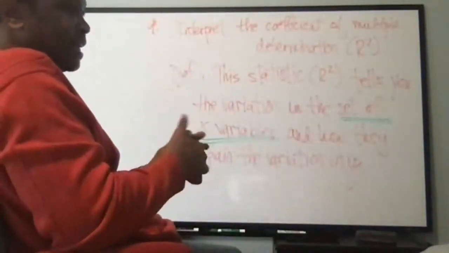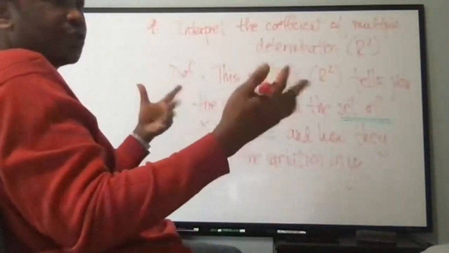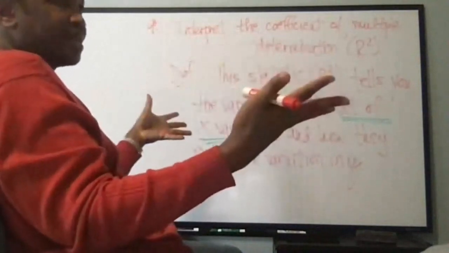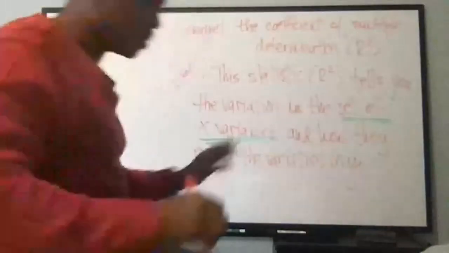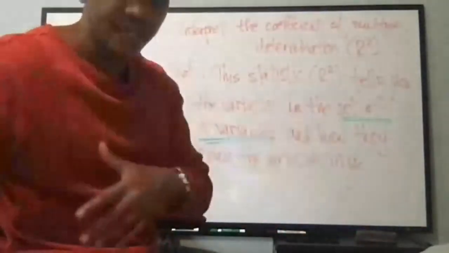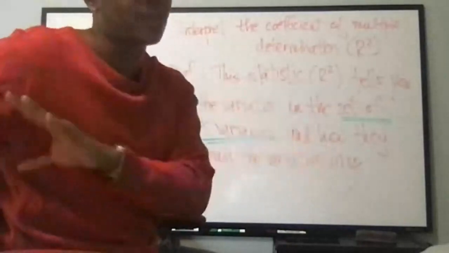So again, R squared pretty much tells you how well the line predicts. But essentially what we're going to see next time is how well the variation in the set of x variables predicts or explains the variation in y.